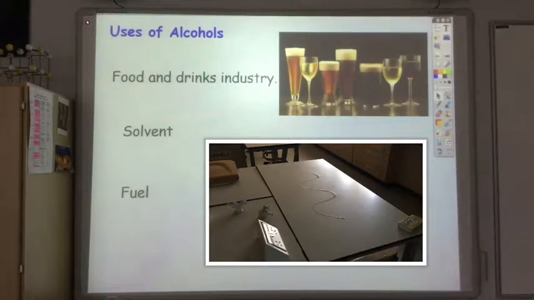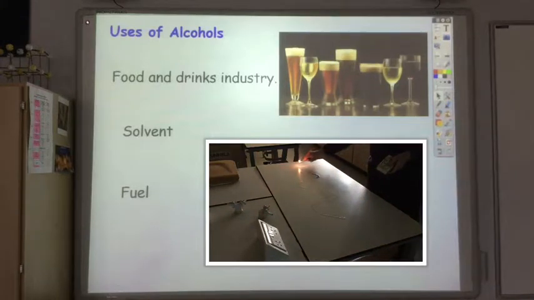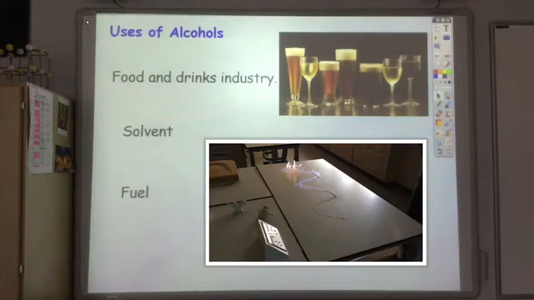So I've just put a little bit of alcohol on the table, and then we can see how easily it burns. And of course this can be put to more useful things, perhaps an alternative fuel for cars instead of petrol, or you can just burn it for the fun.